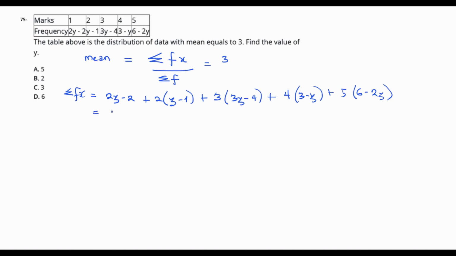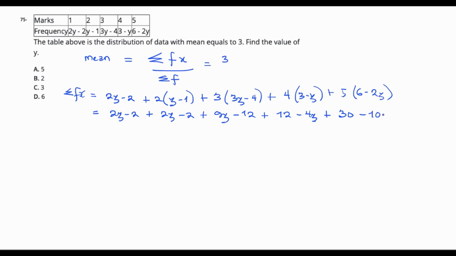So this is equal to 2y minus 2, plus 2 times y equals 2y, and 2 multiplied by minus 1 equals minus 2, plus this becomes 9y, minus 3 times minus 4 equals minus 12, plus 4 times 3 becomes 12, minus 4 times minus y becomes minus 4y, plus 5 times 6 equals 30, and 5 times minus 2y equals minus 10y.